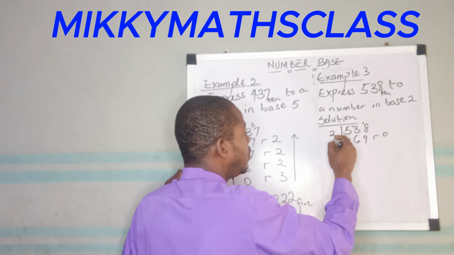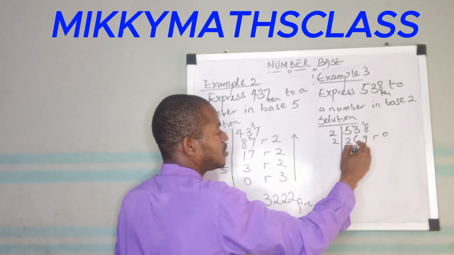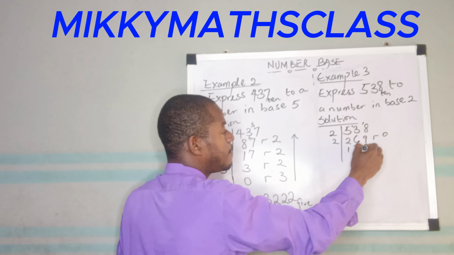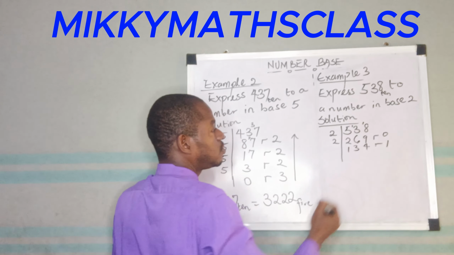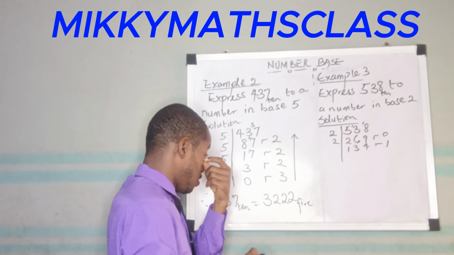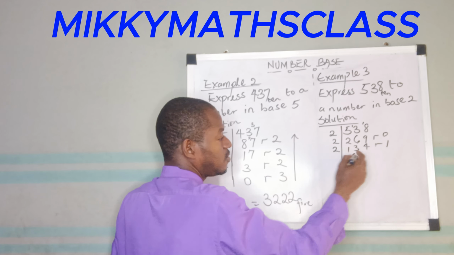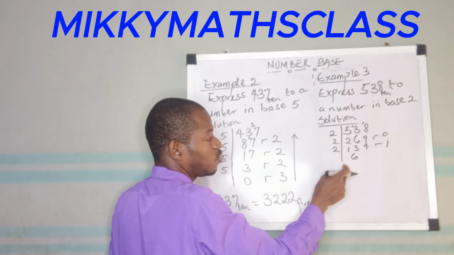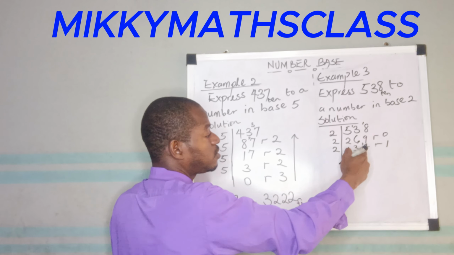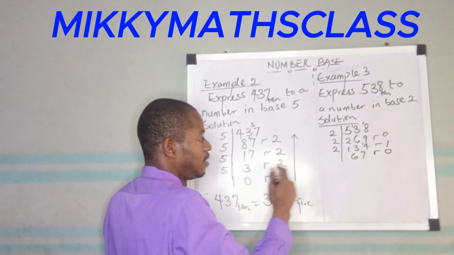Now we go again. 2 in 2, that's 1. 2 in 6, that's 3. 2 in 9, that's 4. Remainder 1, because 2 times 4 is 8. Now let's go again. 2 in 13, that's 6. 6 times 2, 12. 13 minus 12, 1. Remainder 1. So 2 in 14, that's 7. Remainder 0.